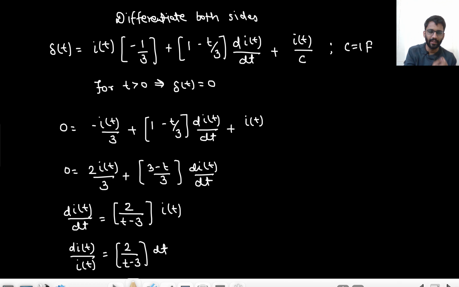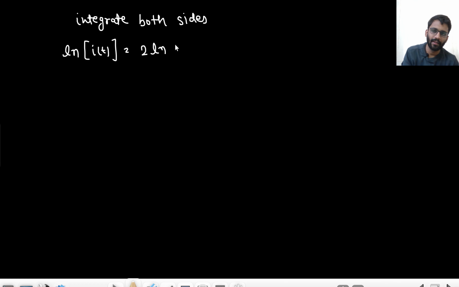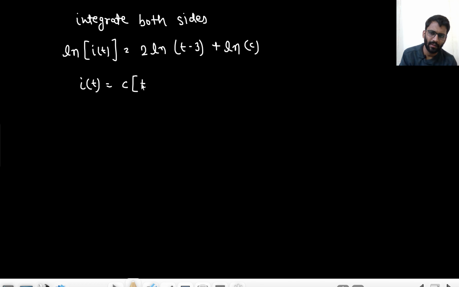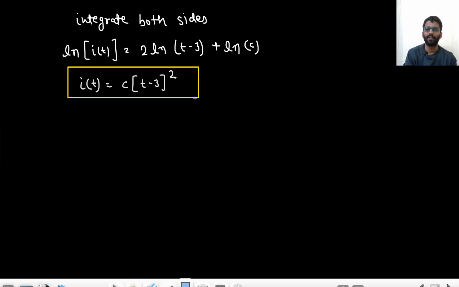So integrate both sides. So ln I, and this you will get 2 outside, ln of t minus 3, plus ln C, right? So I you will get is C into t minus 3 whole square. This is the expression of I you are getting, okay?